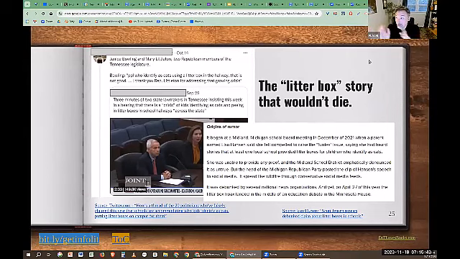You've probably heard about the litter box story. There were several politicians who have said on national news media that, oh, we've got schools that are putting litter boxes into bathrooms because students are identifying as cats. And, this is insane. We can't let this go on.